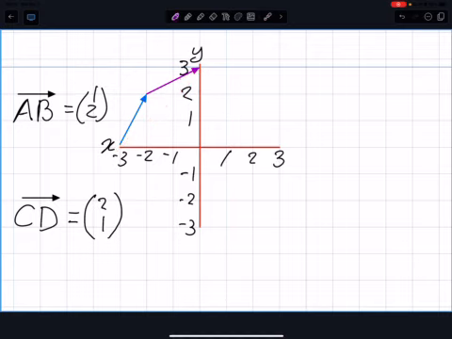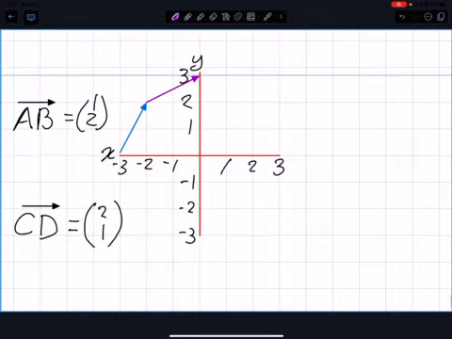And this is called addition of vectors. You can add them together. And how do you add them together? Extremely easy. We know the top value is the x value and the bottom value is the y value.